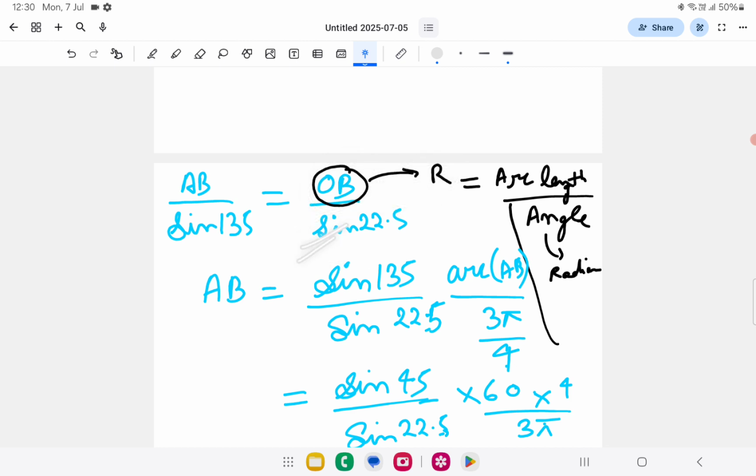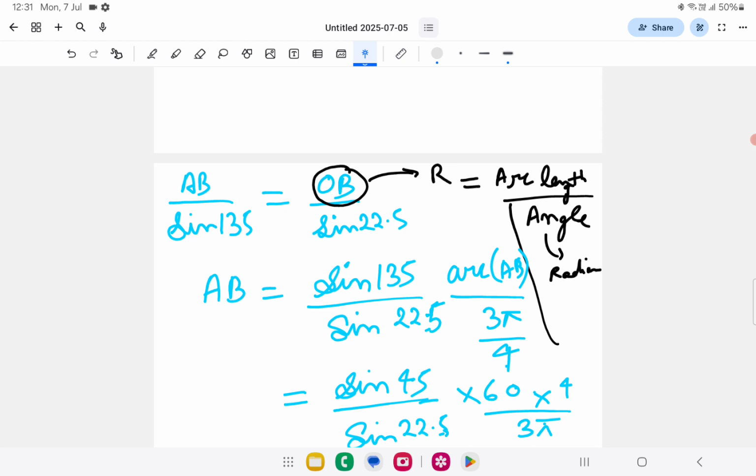So the value of sine 22.5 we actually don't know, but by using trigonometric tools we can find it. It comes nearly root 2 minus root 2 upon 2. It's something like that. I'm not sure, but yeah, it's something like this only.